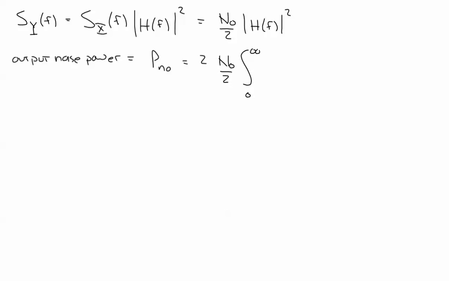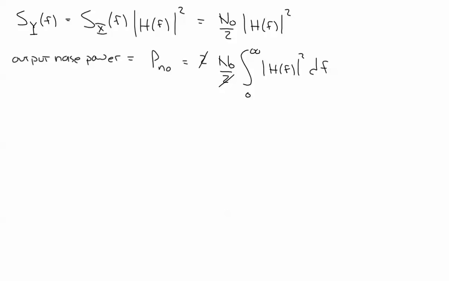Strictly speaking, I would integrate from minus infinity to plus infinity, but the low-pass filter process that I showed on the previous page was symmetric about the origin, so I can double the integral from 0 to infinity. Continuing on, my integrand is then just the modulus of H of f squared df, and of course my 2's cancel out.